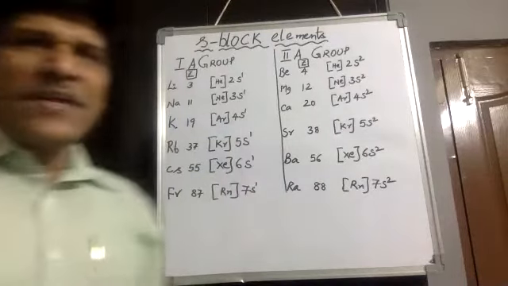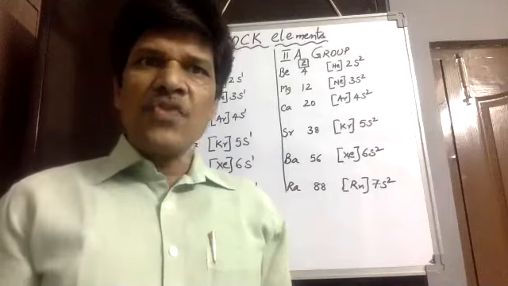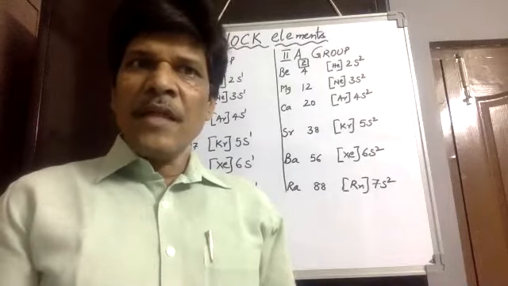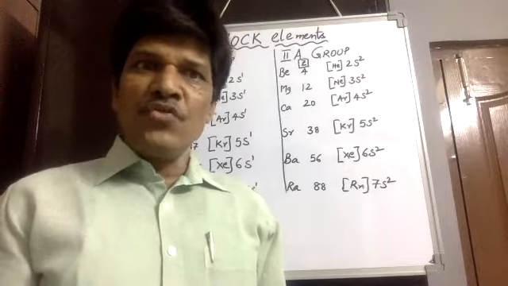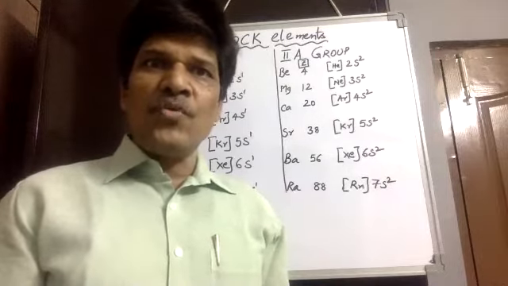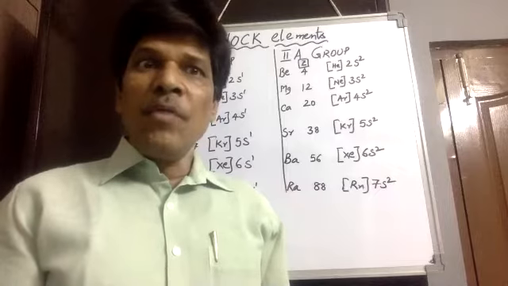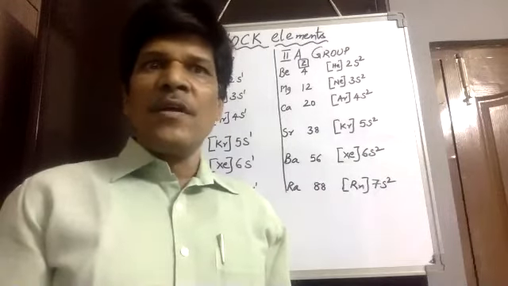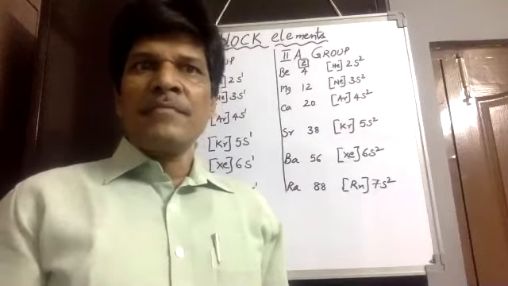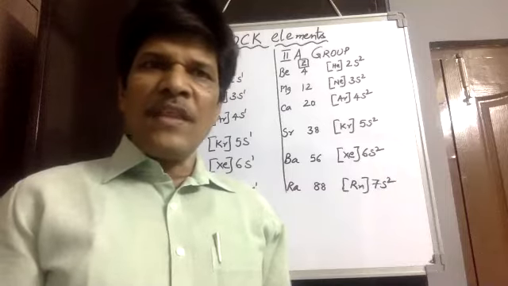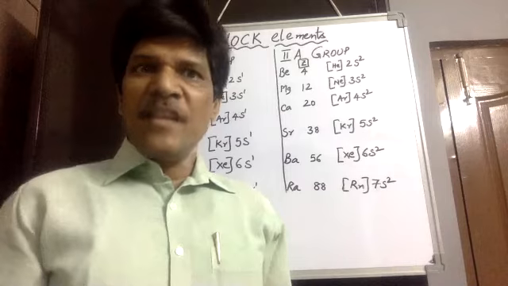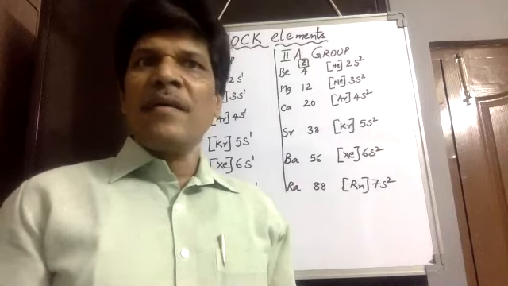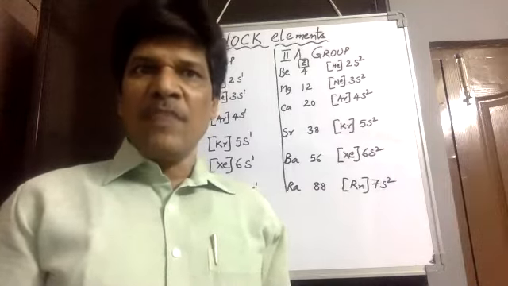Sodium occurs as rock salt NaCl, soda ash Na2CO3, washing soda Na2CO3·10H2O, and Glauber's salt Na2SO4·10H2O. Those are the various ores available. Chile saltpeter has NaNO3, and similar types of ores are available.